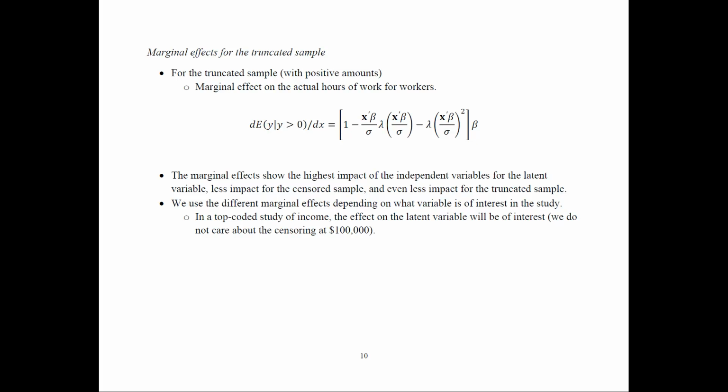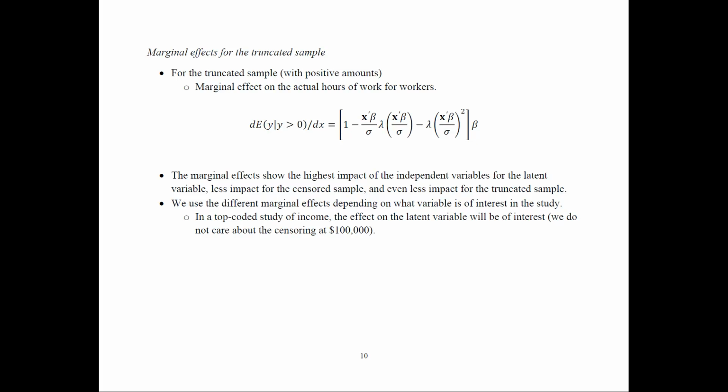The last point that I'd like to make is that the marginal effects would show the highest impact of the independent variables for the latent variable, less impact for the censored sample, and even less impact for the truncated sample. We would see this empirically when we talk about the example later on.